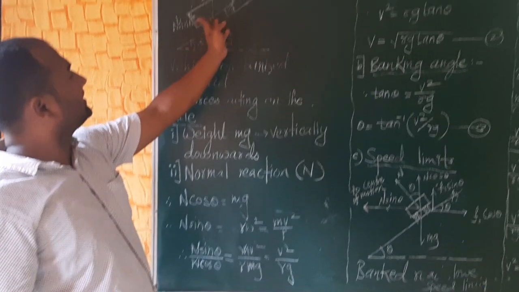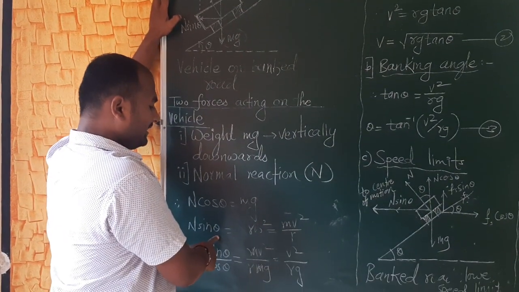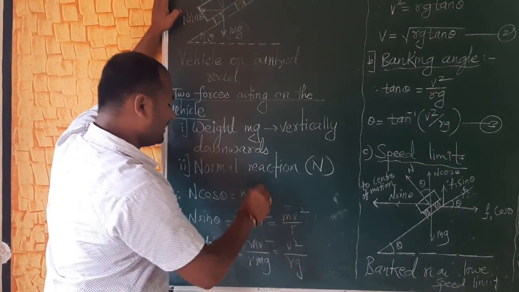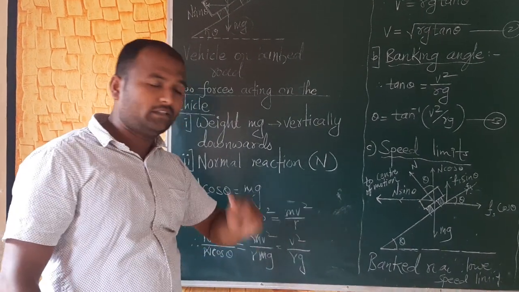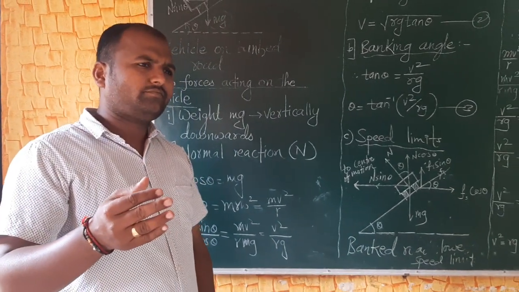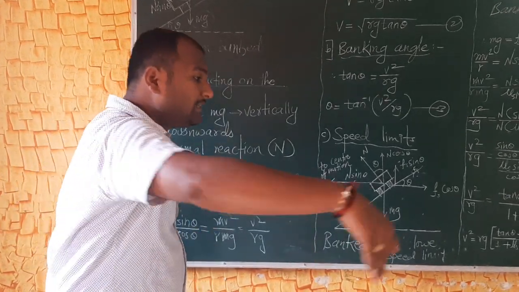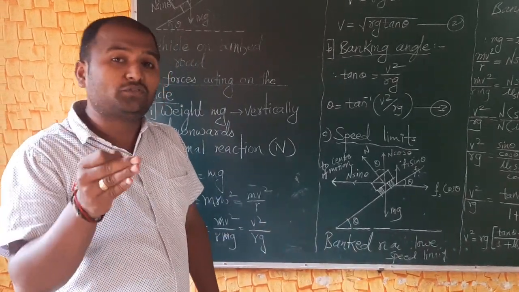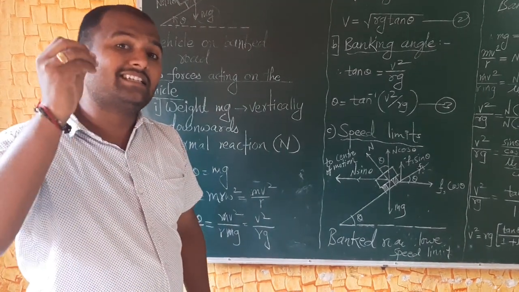Here the horizontal component, that is N sin theta, provides the necessary centripetal force, and this centripetal force is m r omega square, which is equal to m v square upon r. You know that each and every object in the universe moving in a circular path does so due to a necessary centripetal force.